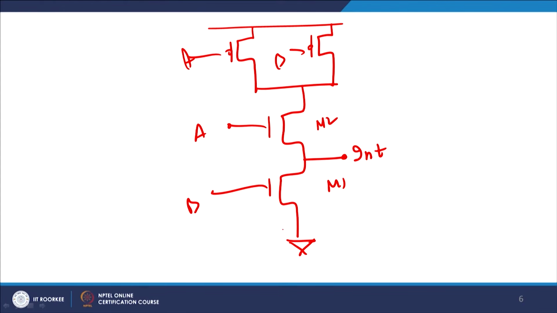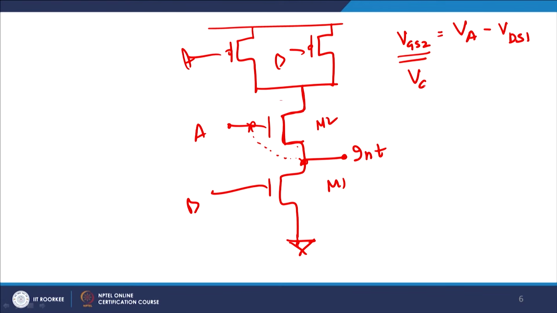So, I can write down VGS2, gate to source of the M2 transistor, is nothing but VA minus VDS1, which is this voltage, because this end is grounded. Drain to source of M1 will be nothing but the voltage available at this point. So, VA minus this voltage will be the effective VGS2 available to you, clear.